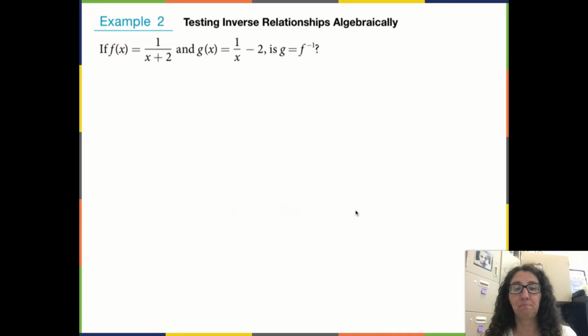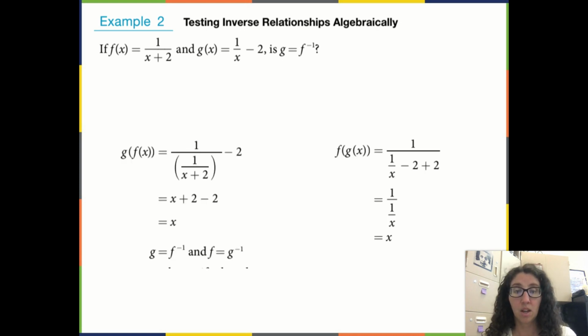Okay. All right, so suppose we have these two functions, f of x equals 1 over x plus 2, and g of x equals 1 over x minus 2, and they ask us, are they inverses? You could pause this video and test that out. Well, let's look. We could say g of f of x, right? We're going to compose them together.